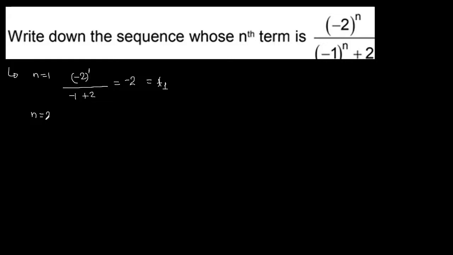For n equal to 2, (-2)^2 whole divided by (-1)^2 plus 2. This is 4 by 3. You can say that this is T2.